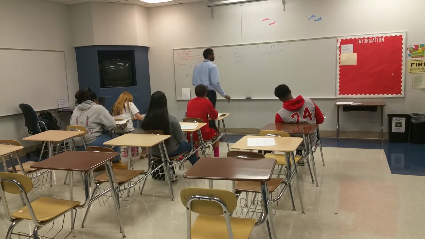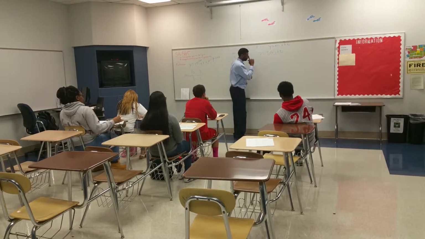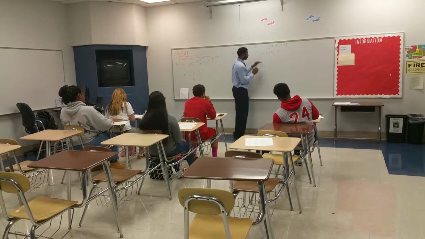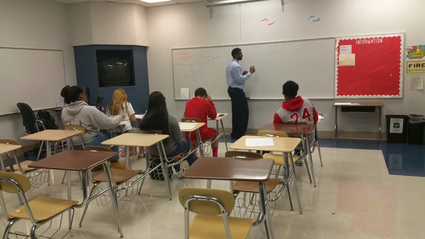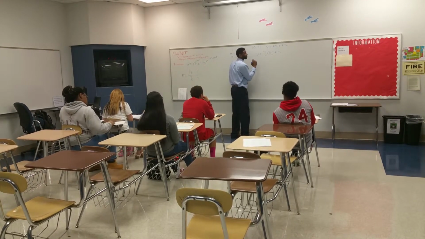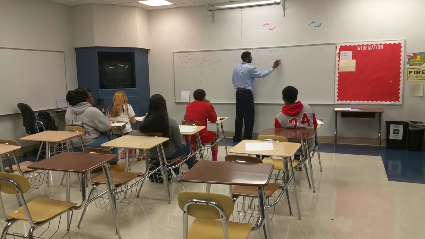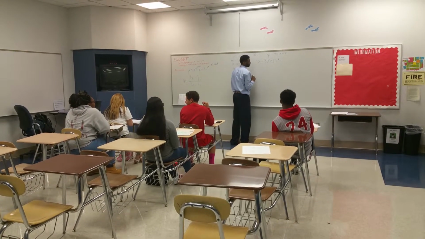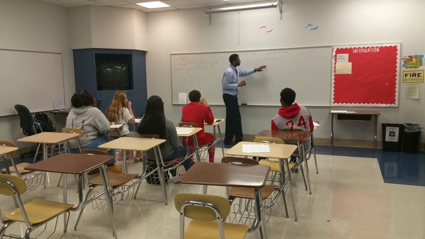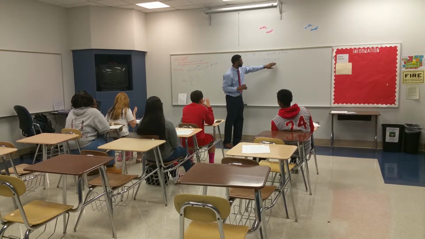Alright, so we're moving on. Cam, can you walk me through this, please? How do I solve it? How do I get B by itself? So the first thing I need to do is get rid of this.